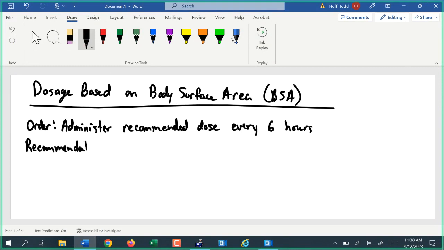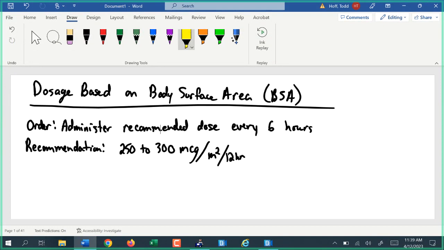And we get the recommendation here is 250 to 300 micrograms per meter squared. Now, for body weight, we were based per kilogram, so technically it was mass, not weight. Here, since it's body surface area, it's per meter squared. And this is every 12 hours.